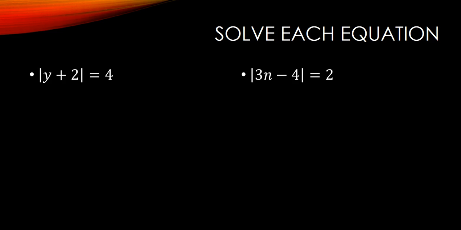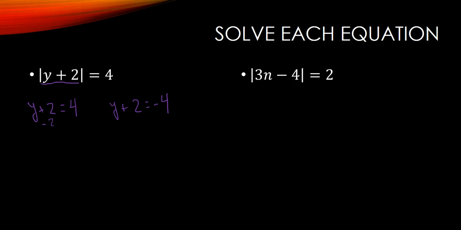I would like you to pause the video and try these two problems. Alright, let's see how we did. So we have absolute value of something equals 4. So that means the distance from 0 is 4, so our 4 and negative 4 are both that far away from 0. So we need to do both equations. y plus 2 equals 4, and y plus 2 equals negative 4.